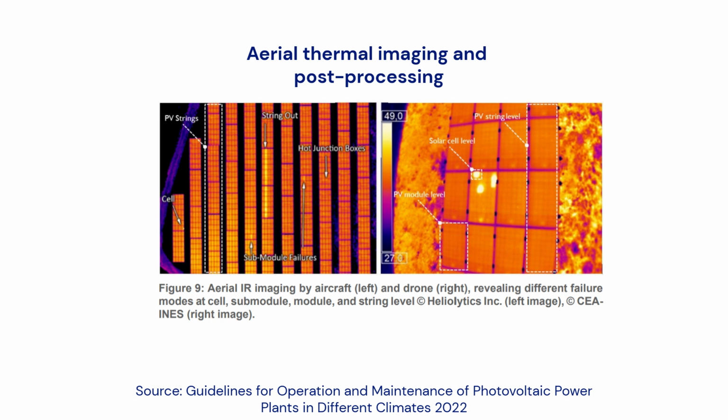While many rely on drone-based infrared imaging, some companies use infrared cameras mounted on aircraft. These systems can fly at higher altitudes and speeds, enabling very high inspection rates, up to around 100 megawatts per hour, which is several times faster than drone-based methods. However, this approach comes with a trade-off, as the reduced spatial resolution can make it difficult to reliably detect failures at the submodule or cell level.